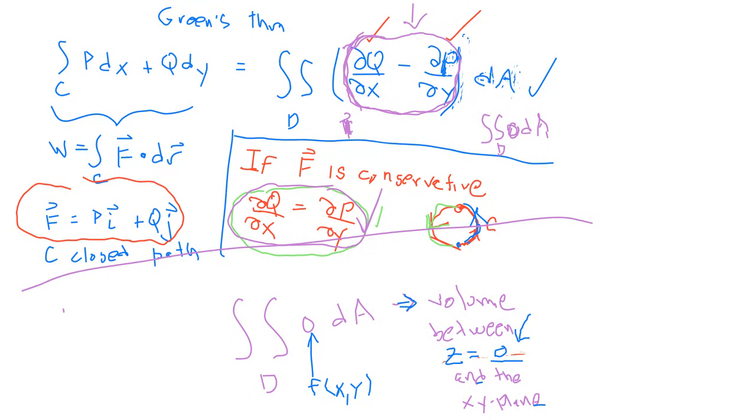So you see, Charles, I don't even need to do the double integral here to compute this, because I know what the double integral geometrically represents, and so this double integral is going to be 0.